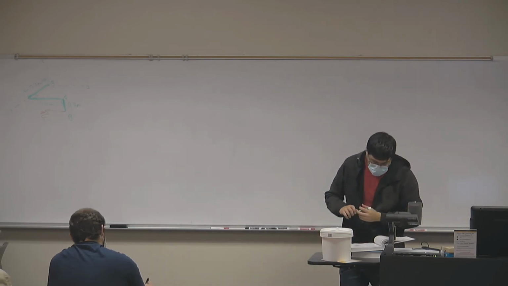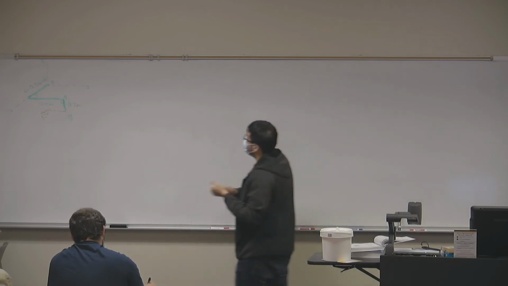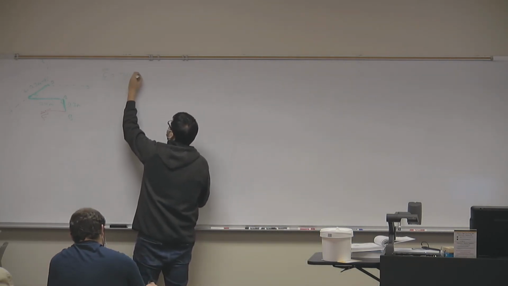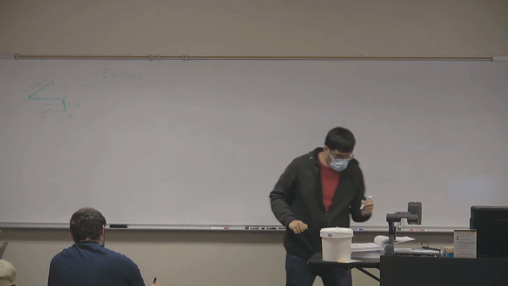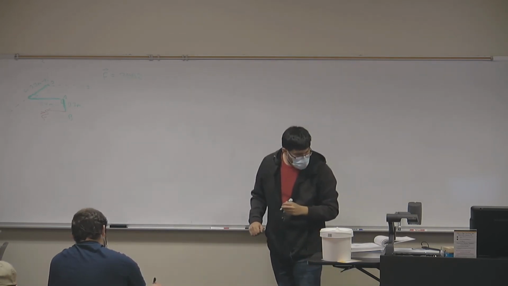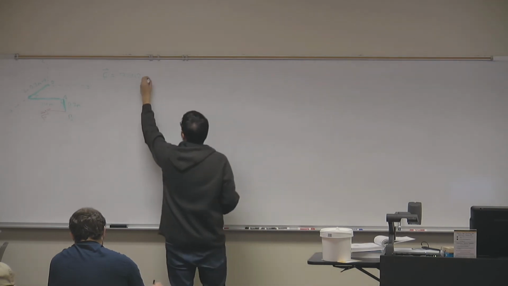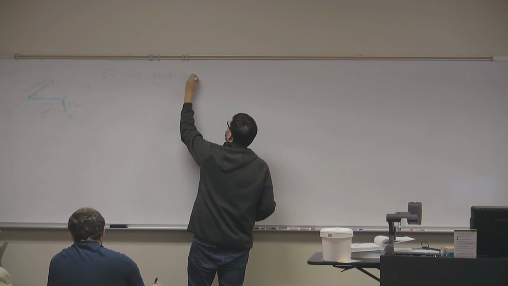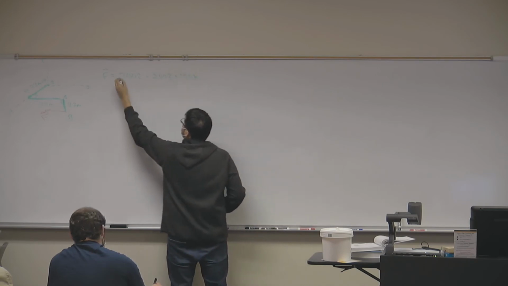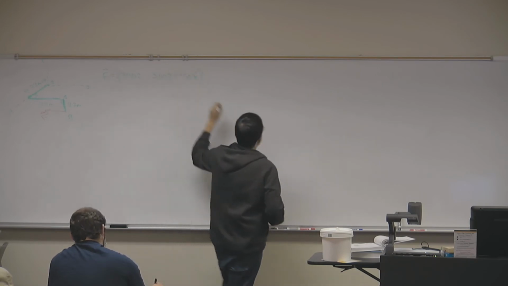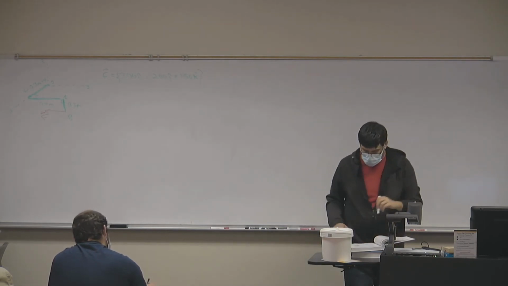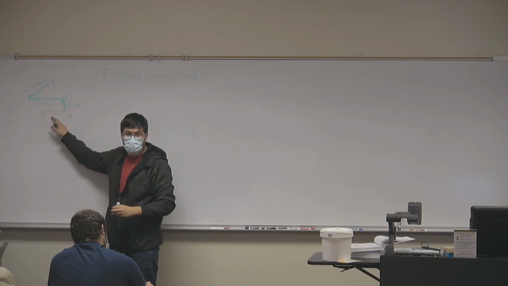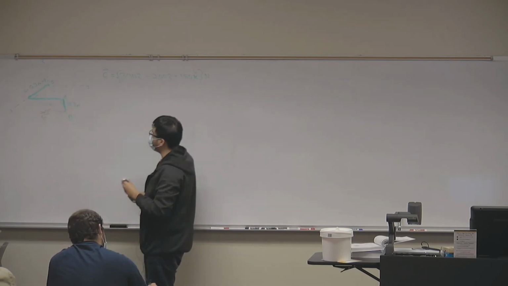So let's suppose that my force vector F is equal to 300i minus 200j plus 150k, and this will be in newtons. So I have my force and I have this pipe.